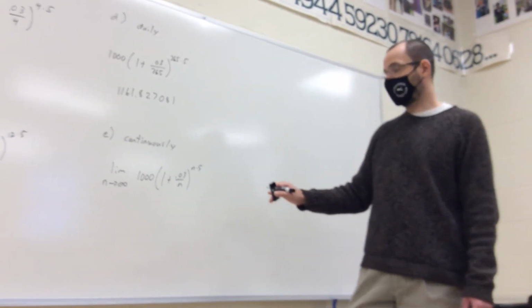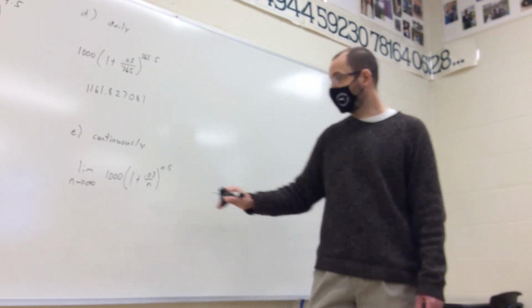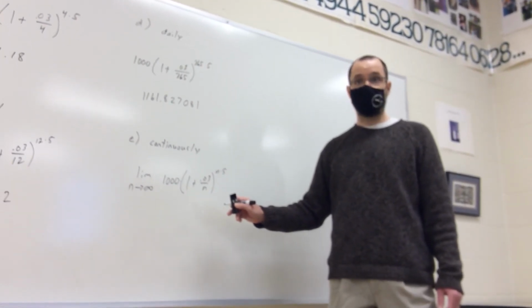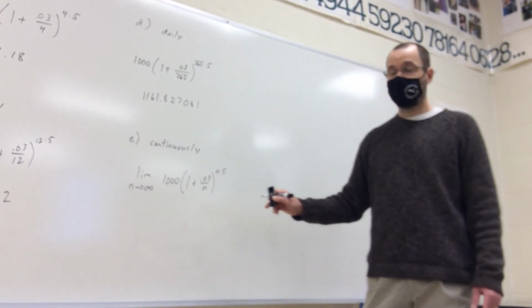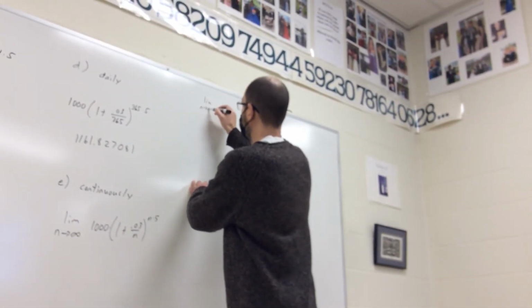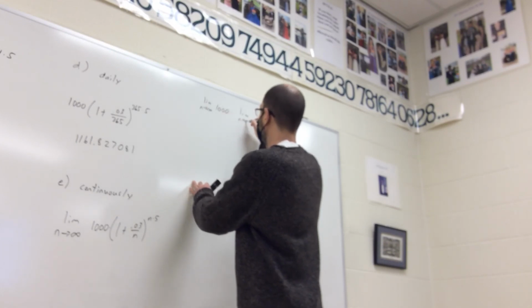Okay, so this goes way back to chapter 2 when we were just doing limits. There's a times sign here, and limit goes past multiplication. So you can take the limit of the first thing times the limit of the second thing.